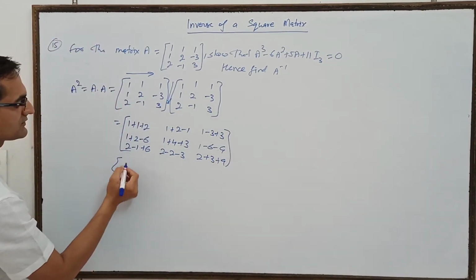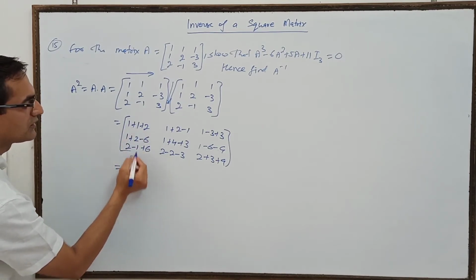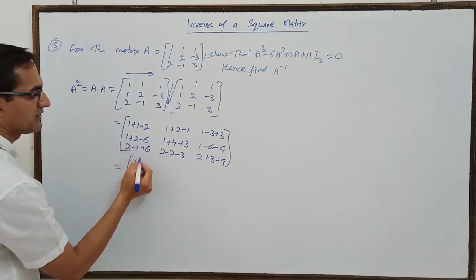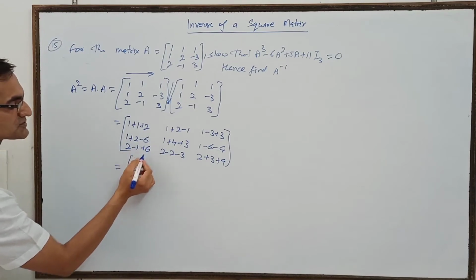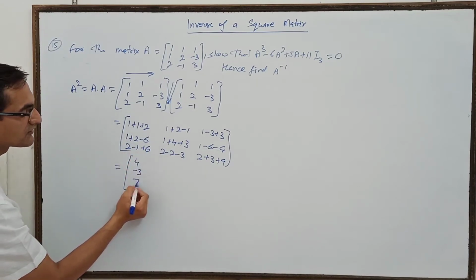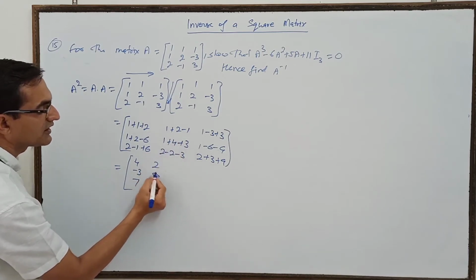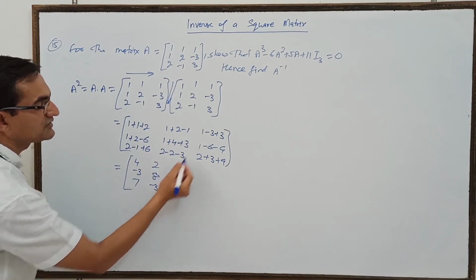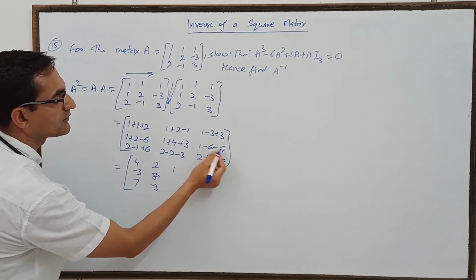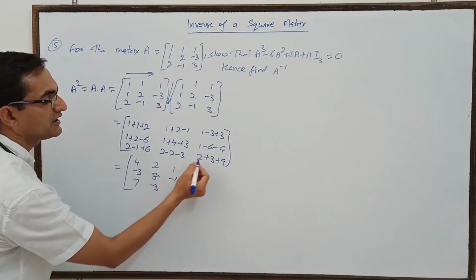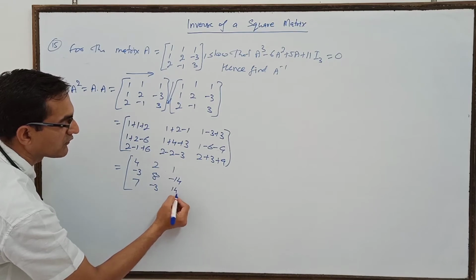So write this as 4, 1 plus 2, 3, 3 minus 6, minus 3, and 2 plus 6 plus 2, 8, 8 minus, so this is 7, and this is 2, 8, minus 3, 1, this is 9 minus 14, and 9 plus 3, 12, 12 plus 2, 14.